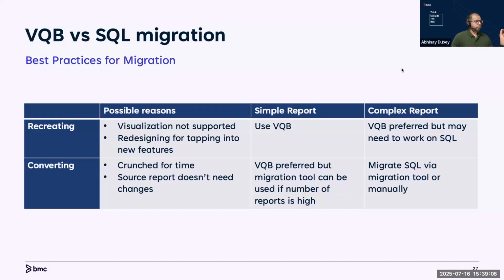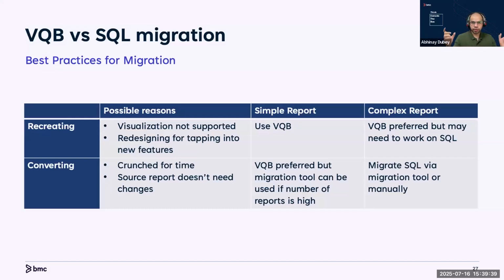So now, one option is that you recreate the report, and there could be multiple reasons why you would want to recreate instead of converting the report as is. Recreation is generally when, let's say, a visualization that you were using in Smart Reporting is not supported in Helix Dashboard, so in Helix Dashboard you are creating the report fresh. The other reason could be you want to redesign to tap into some of the new features.